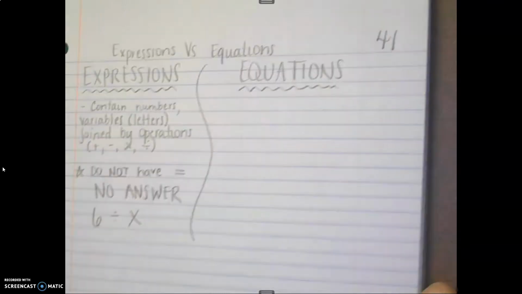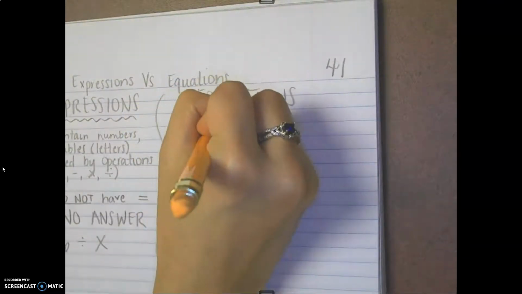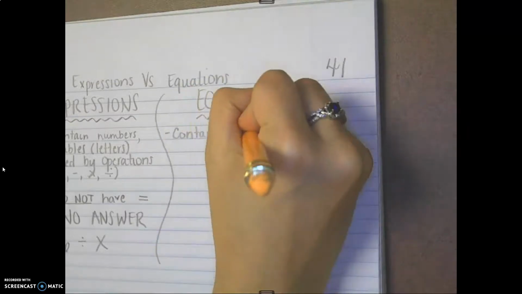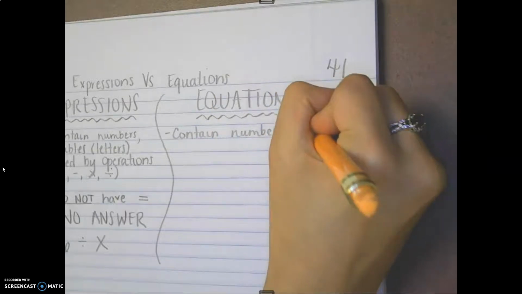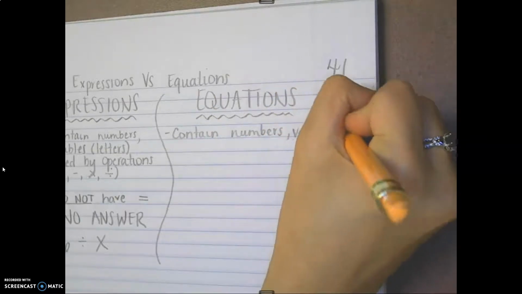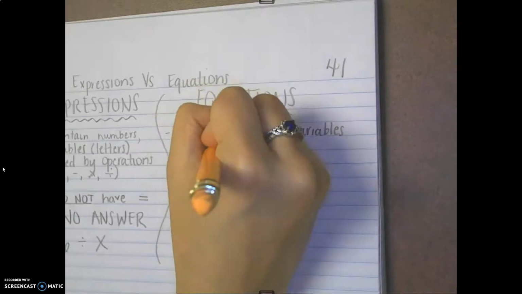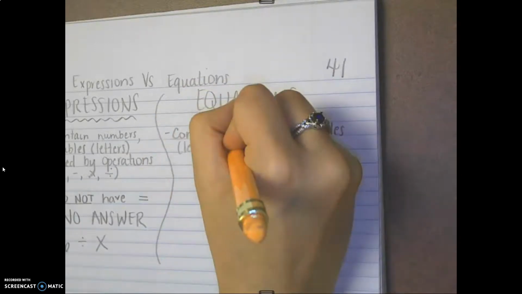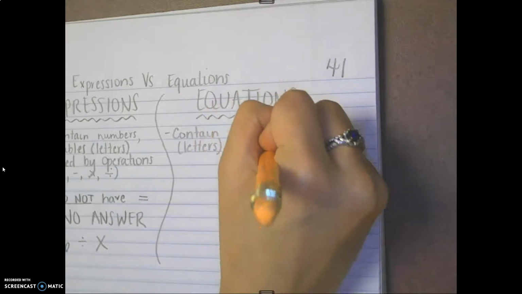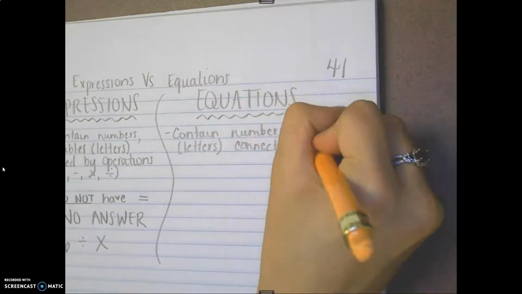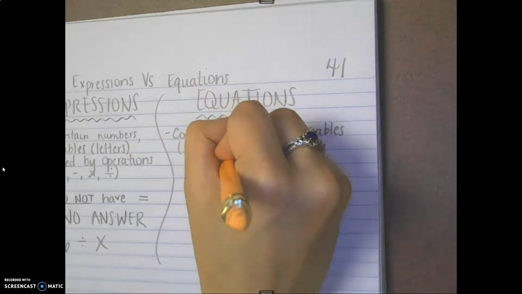Now equations, they also contain numbers, variables, which are our letters for unknown values, and they are connected by an equal sign.